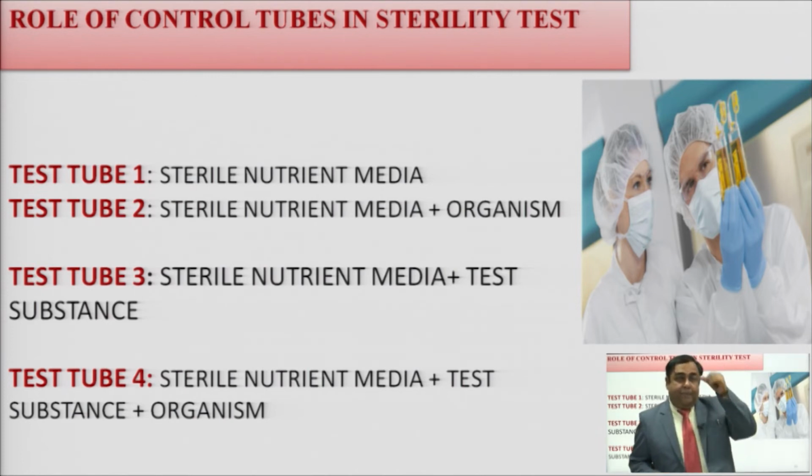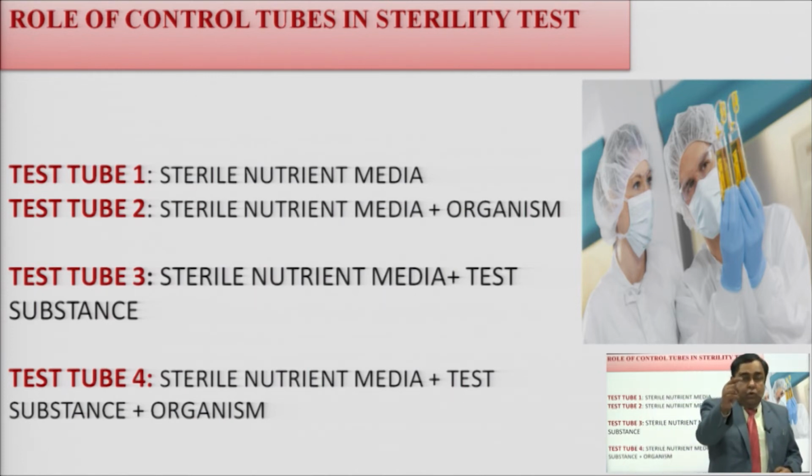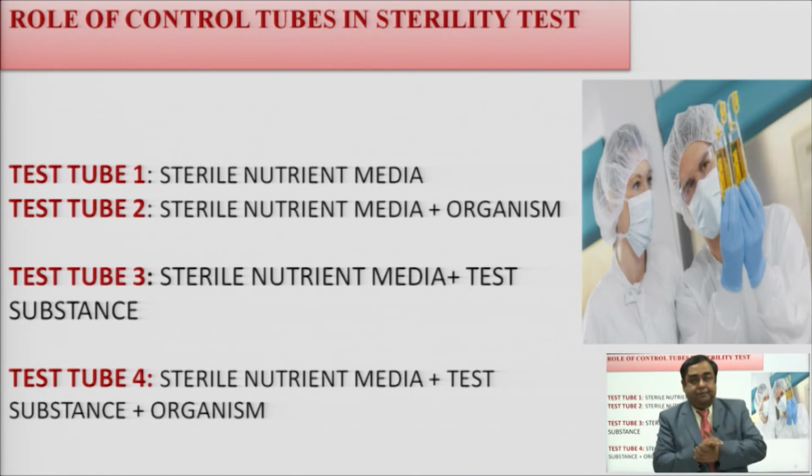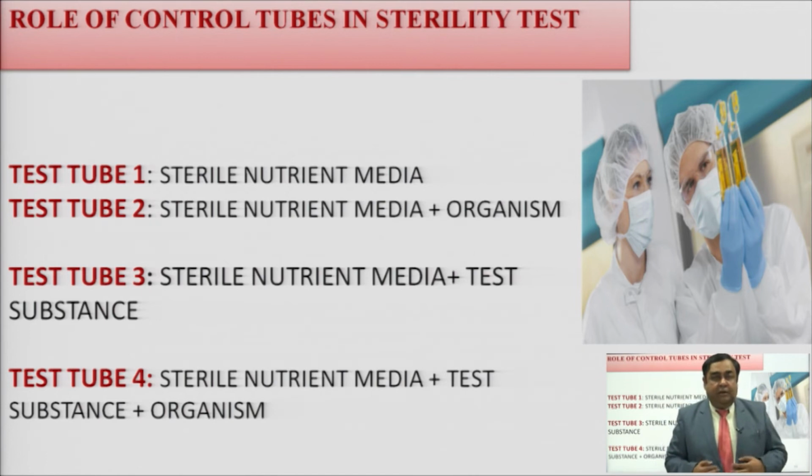You have to compare test tube number 2 and test tube number 4. If test tube number 2 is turbid, it means the media is complete, there is no problem as far as the media is concerned.